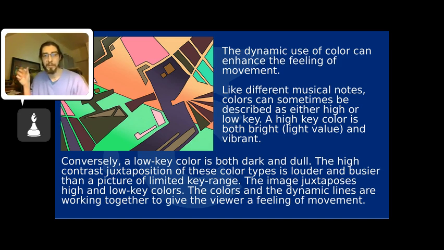That difference really reminds us of the movement. So when we have these opposite colors in some ways, bright, high-key colors versus low-key, dull colors, then we get this energy created. It's the illusion of energy. It's not actual scientific energy, but it draws our attention, creates the idea of movement.